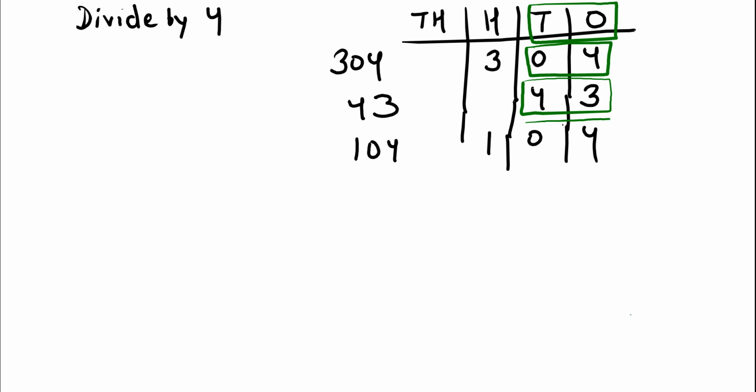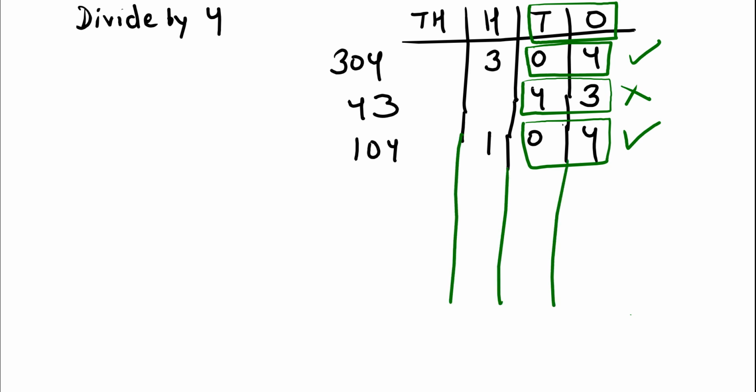So look at the units place and tens place, these two numbers. If these two numbers appear in the table of 4, then the number will be divisible by 4. Else, it won't be divisible by 4.